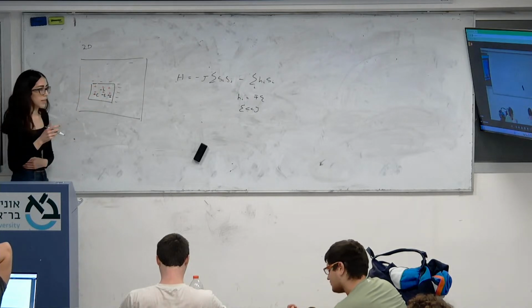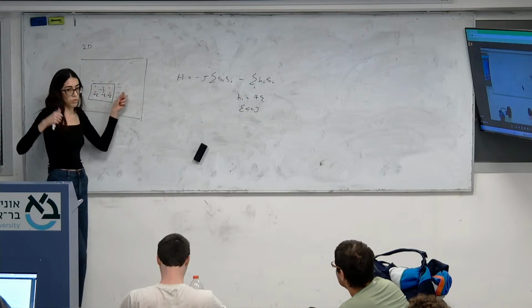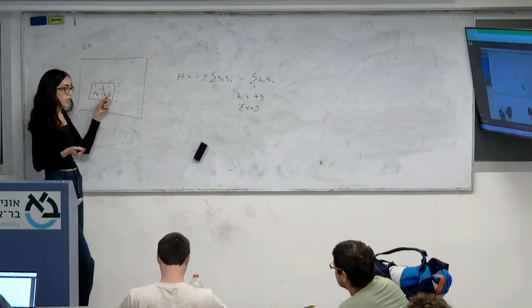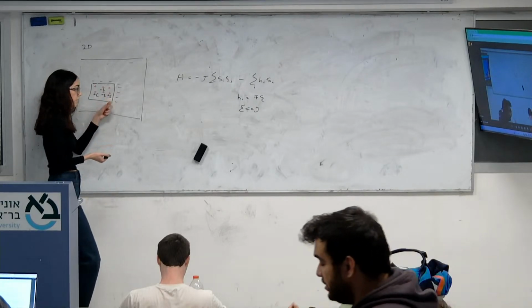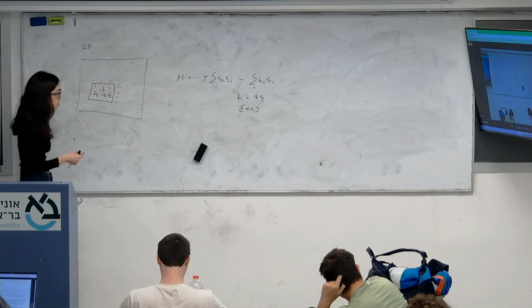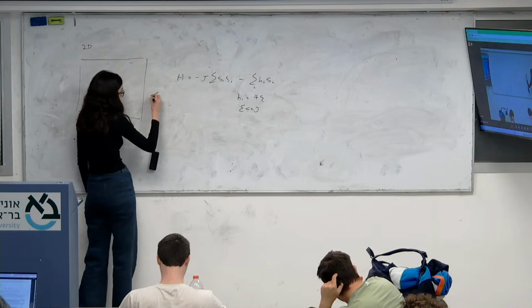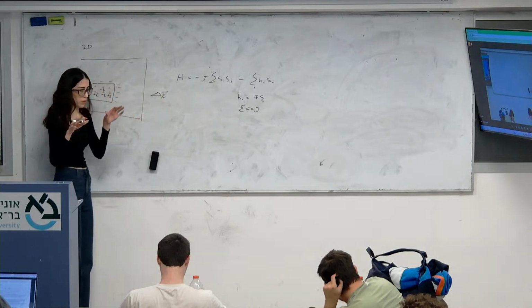Now the system is going to want to align with the neighbors on the one hand, but it also wants to align with the magnetic field on the other hand. So you have two competing energies in the system. Let's look at them separately.